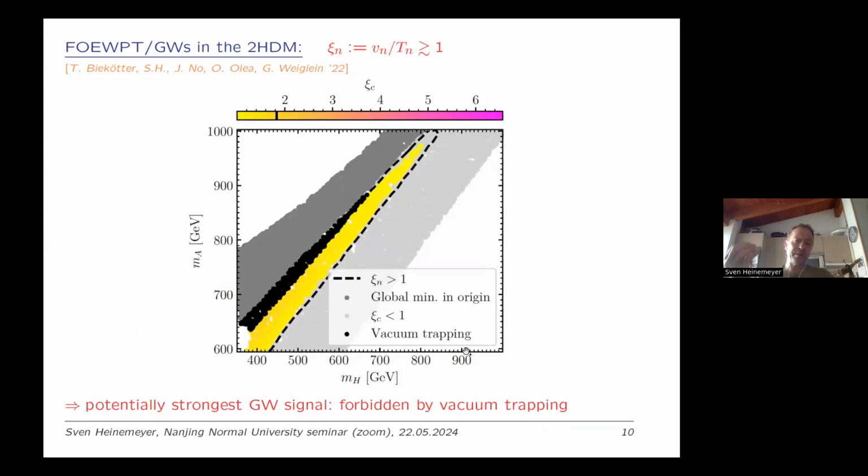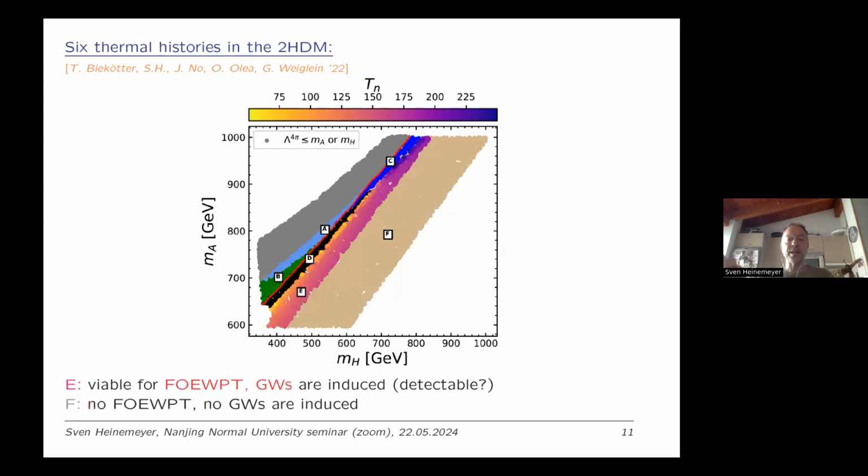Yeah, we are trapped, or the universe is trapped in the wrong vacuum, in the vacuum at the origin, and it can't tunnel through to the deeper minimum, and we don't have this electroweak phase transition, neither strong nor weak. And this leaves us with this area inside the black dashed line, where, as I said, the phase transition actually takes place.